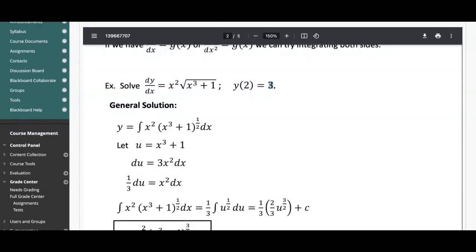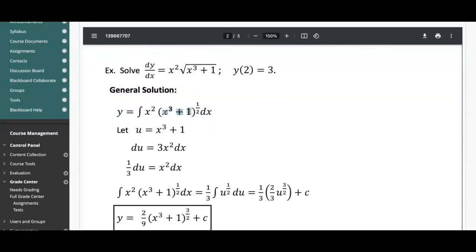Usually an initial condition is a point. So this is just first order, right? We integrate dy/dx, we just get y. And the other side, we just try to integrate this. We can use u substitution, right? We let u equal x cubed plus 1.